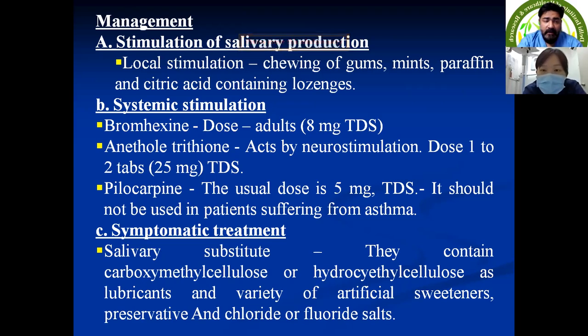Then anethole trithione acts by neurostimulation, dose 1 to 2 tablets, meaning 25 mg 3 times a day. Then pilocarpine, dose is 5 mg 3 times a day. It should not be used in patients suffering from asthma.